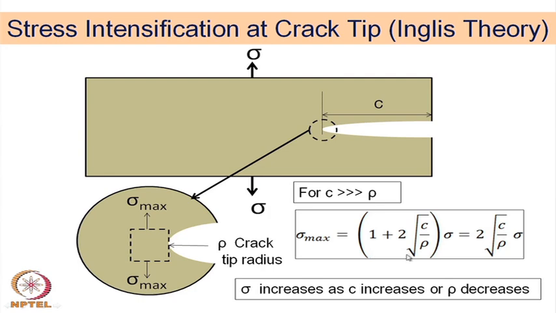So, there is a multiplying factor to sigma. So, sigma max is not exactly equal to sigma applied from the external sources. So, there is a multiplying factor, and that multiplying factor is dependent on the length of the crack as well as the radius of curvature at the crack tip.